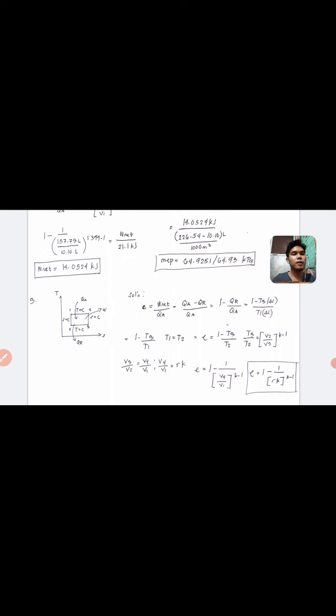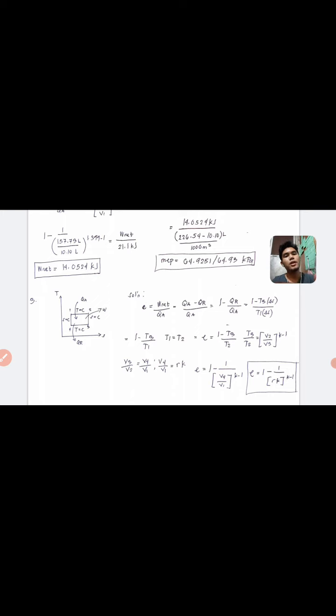Then it is also equal to 1 minus T3 multiplied by delta S, or entropy, over T1 times delta S, or entropy. So the delta S will be cancelled, so it will be 1 minus T3 over T1.